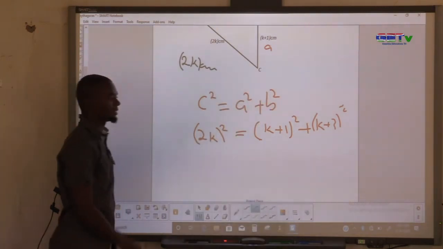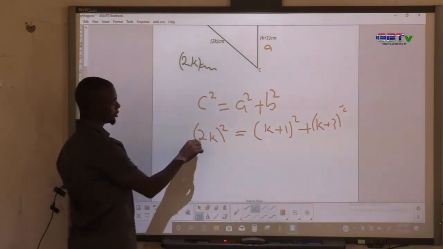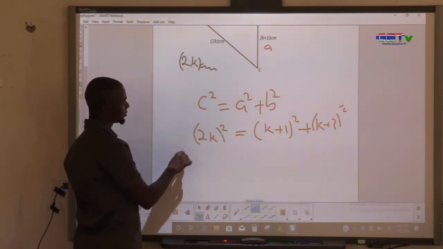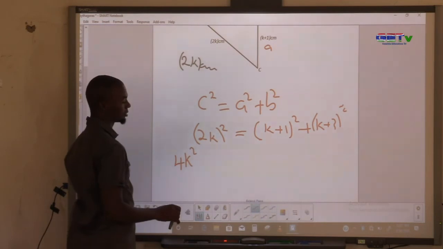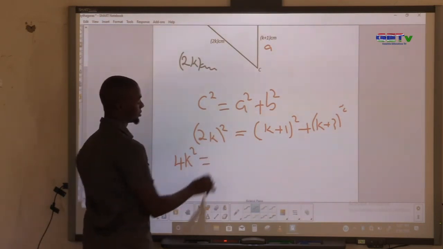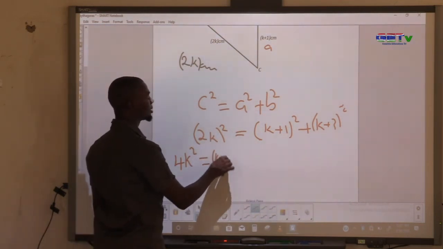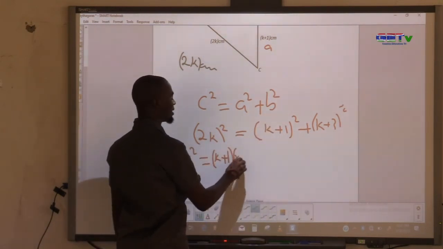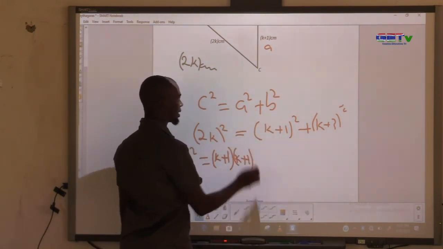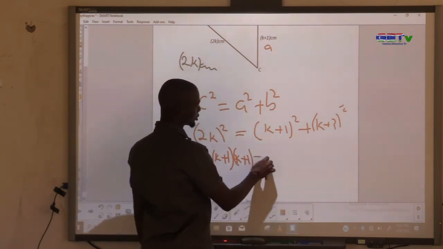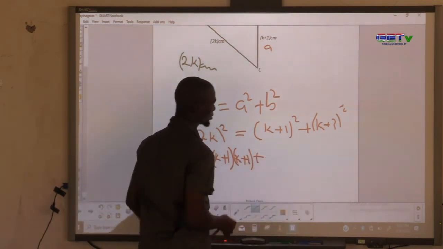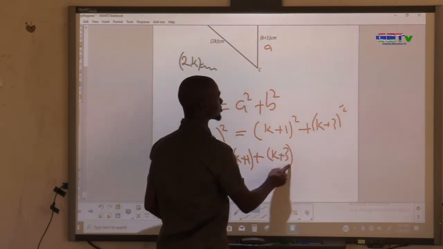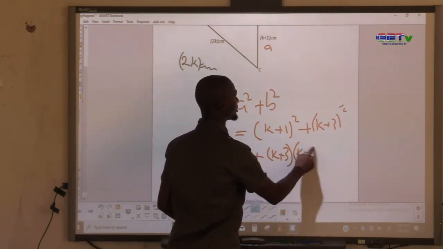So we expand this. 2k whole square is going to be 4k square. This is equal to k plus 1, because it is squared, you multiply it by itself, k plus 1. Then plus, this one is going to give us k plus 3 times k plus 3.